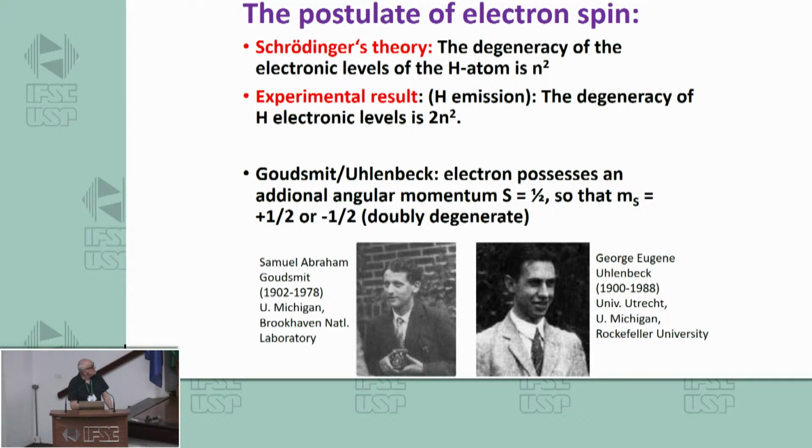But Schrödinger's theory only predicted a degeneracy of n². So Goudsmit and Uhlenbeck said, okay, we can fix the theory if we assume that the electron has one additional angular momentum with a quantum number of 1/2. That means two distinct Zeeman states, +1/2 and -1/2. And that would double the degeneracy. And so that was their postulate.